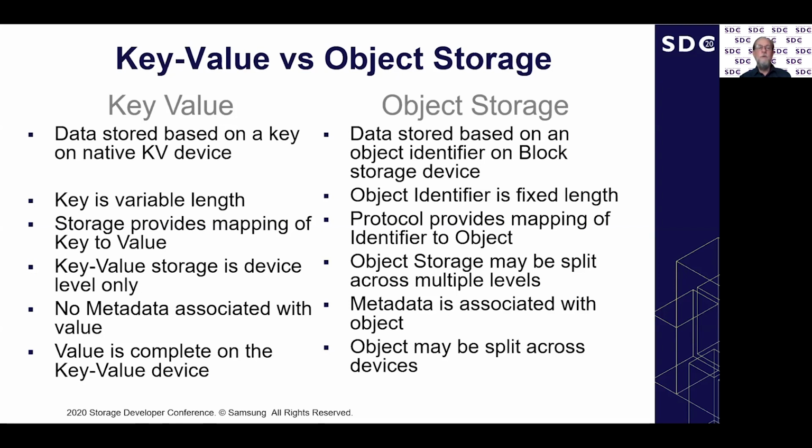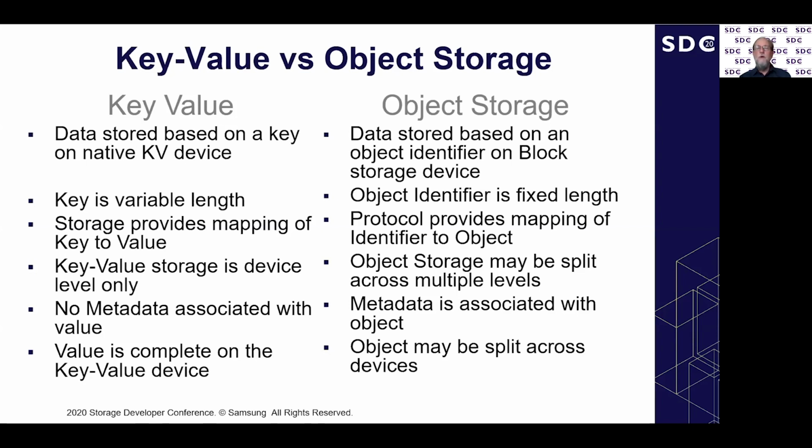Key value, the key is a variable length entity. In object storage, the object identifier is fixed length, but then in addition to the object identifier, you have metadata that is also associated with pointing to the actual object.